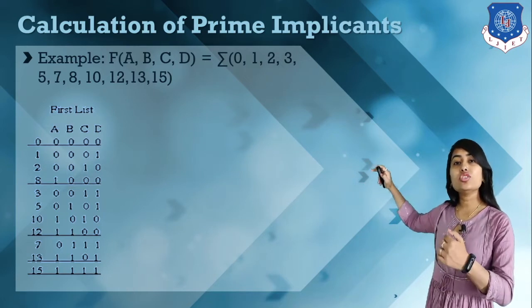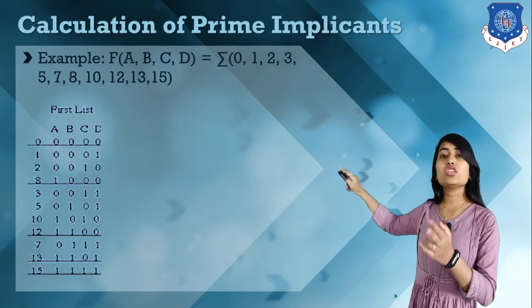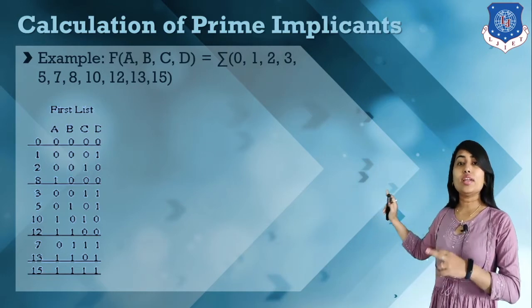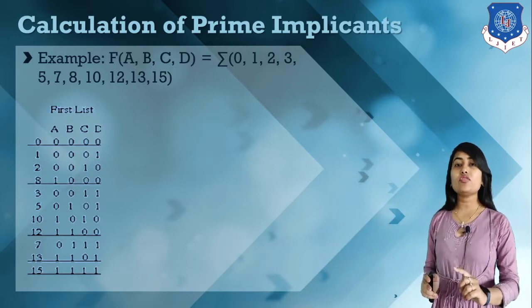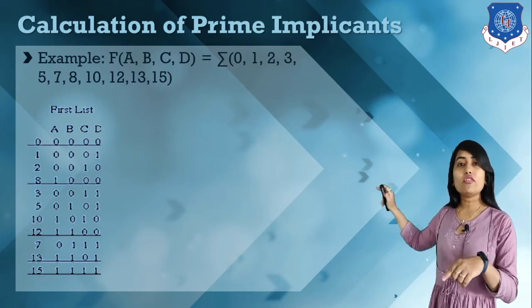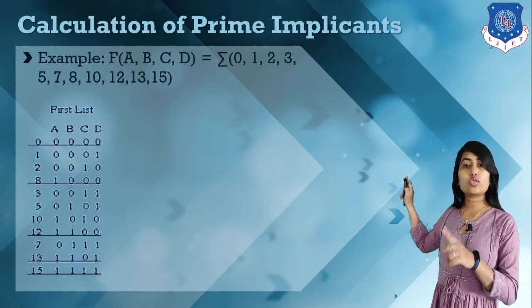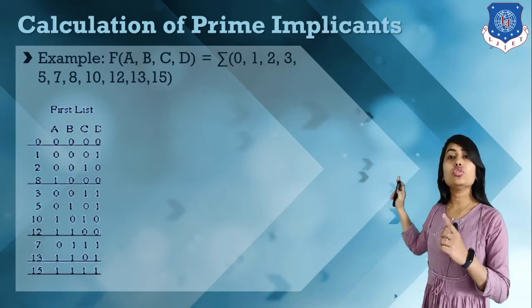In 0 we have 0, 0, 0, 0, and in 1 we have 0, 0, 0, 1. That means 3 bits are the same and 1 bit is different. So we can combine these terms as 0, 1, and write it as 0, 0, 0, dash, because we have only a 1 bit difference.